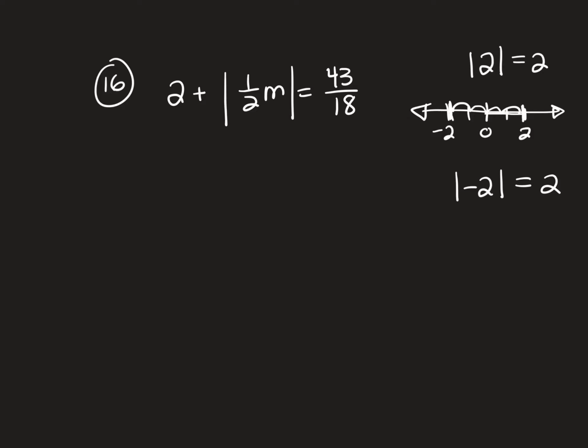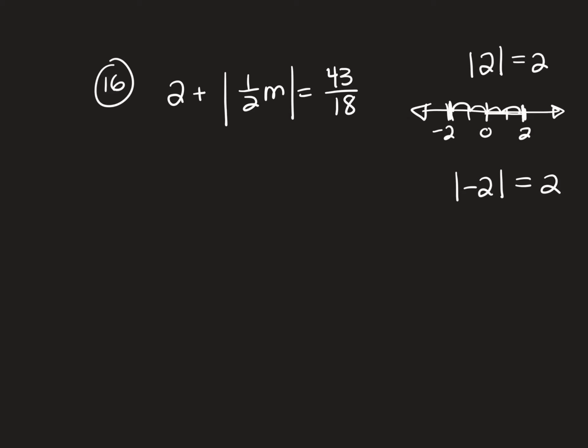So what this tells us is that for every distance from 0, whether 2, 3, 4, or 5, there are two possible numbers it could have resulted from. We have to keep that in mind when we're setting up our absolute value equations. There are two possible numbers that I could plug in for m that are going to give me the same absolute value.